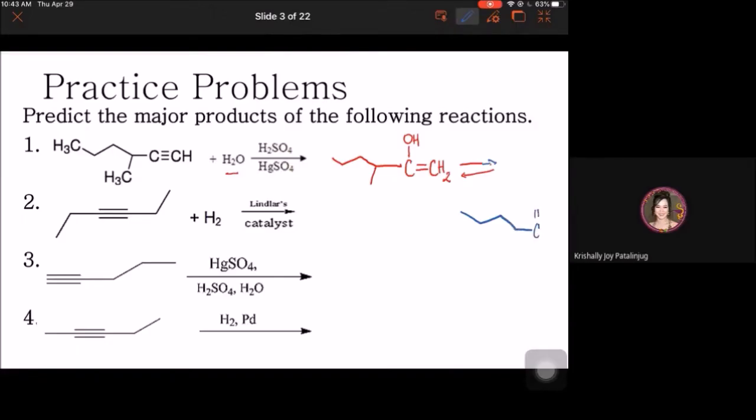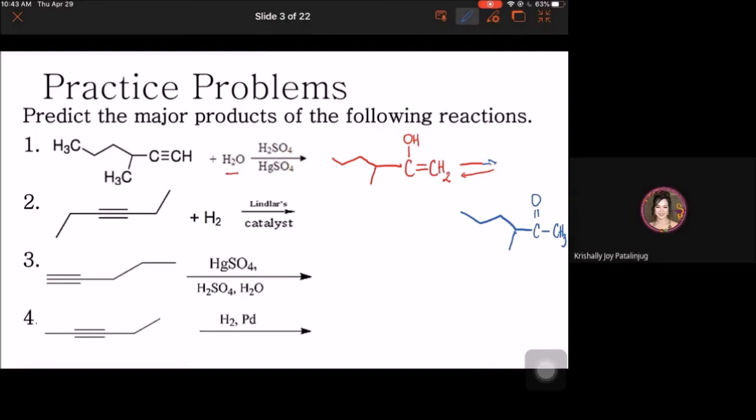A carbon, and ayan. So a carbon with a double bond towards oxygen. This is a ketone. Okay, so this would be the ketone product.